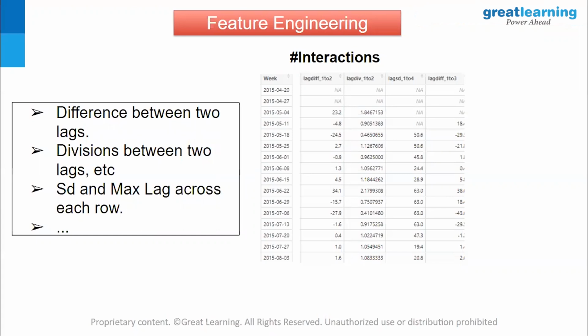We can build cross features from those features, and try to see the impact of everything on our forecasting or on our predictions. So these are some of the feature engineering techniques that you can use when you build your machine learning model.